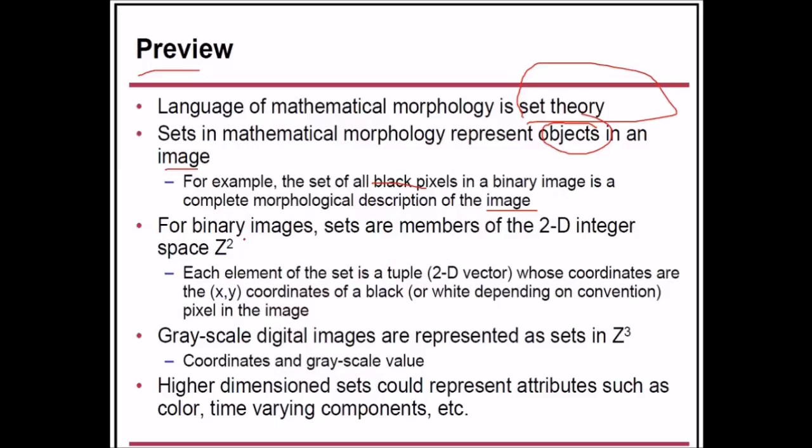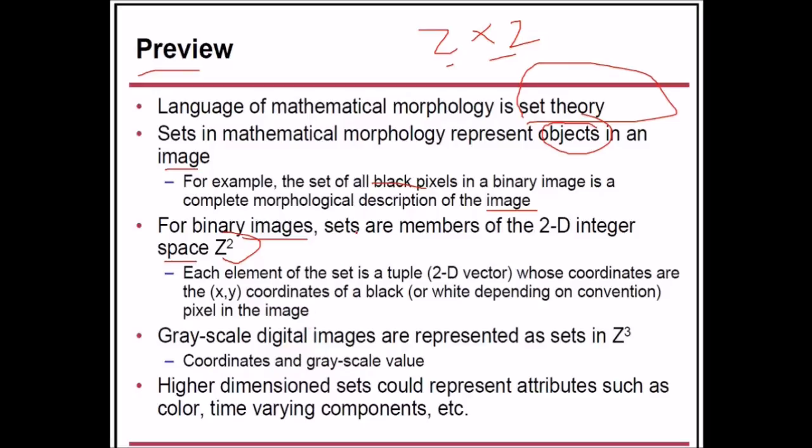And for binary images, sets are members of the 2D integer space Z squared, because a binary image means Z into Z. Okay, in relations and functions we have seen that. So each element of the set is a tuple, one from this 2D vector, whose coordinates are the x, y coordinates of a black pixel in the image.